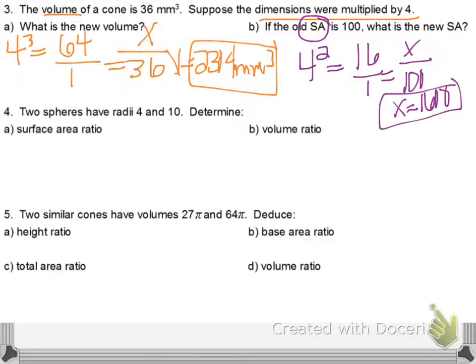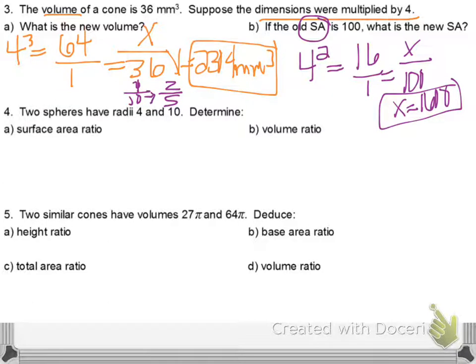millimeters squared. Okay, number 4, two spheres have radii of 4 and 10. Determine the surface area ratio and the volume ratio. Well, to be able to do that, we need to have the original ratio of the dimensions. So I'm going to do 4 divided by 10 so that I can simplify that. And that's 2 over 5.